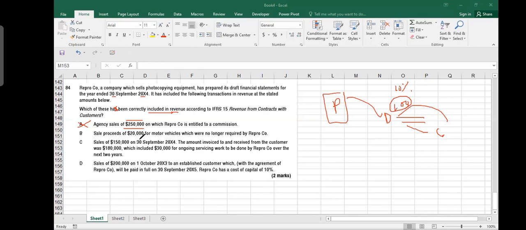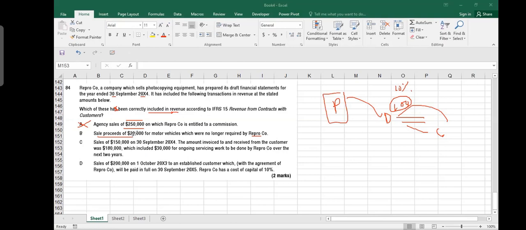B, sales proceeds of $20,000 for motor vehicles which were no longer required by Repro company. So again, it is a disposal of non-current assets. You sold a non-current asset. You cannot take it into your revenue. When you sell a non-current asset, any gain or loss which you make goes to the income statement, shown in other income below the gross profit: the difference between the net book value and the sale value.